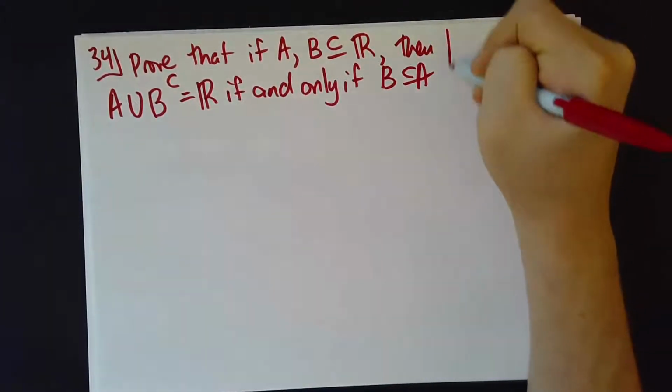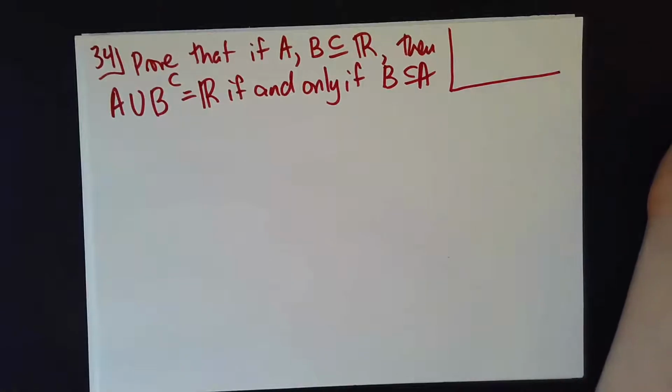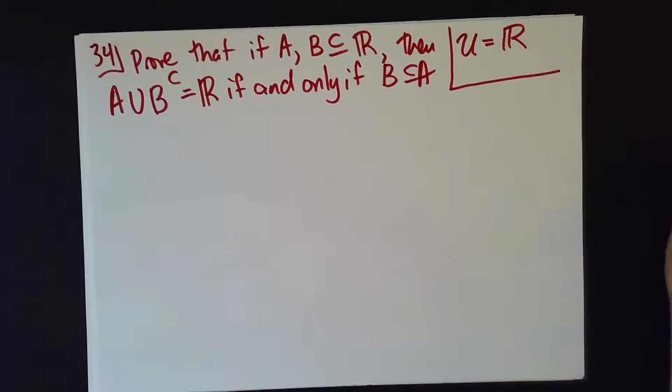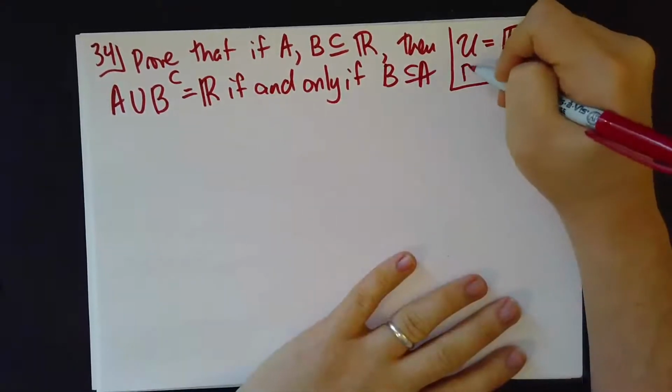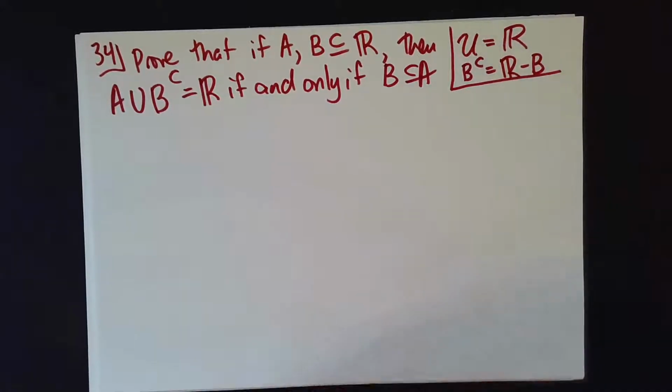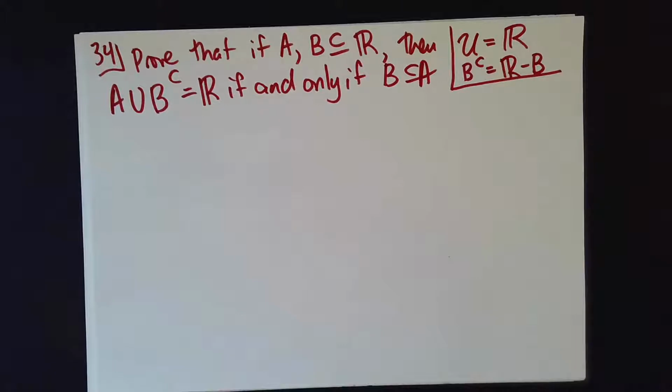Okay, and here for purposes of that complement, we're making the agreement that our universal set here is the reals, which means B complement is just the same thing as R minus B if you're playing the home game. So we've got two directions here.